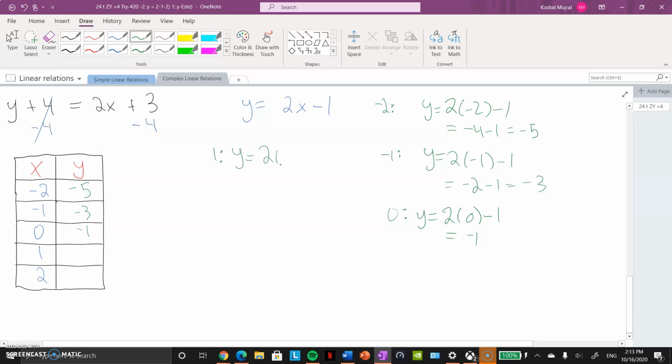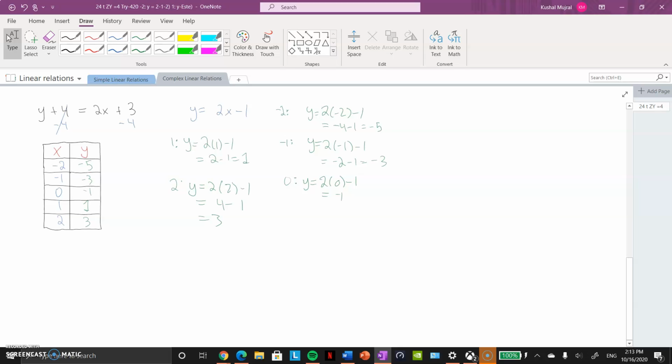Let's take a look at 1. y equals 2 times 1 minus 1, which is 2 minus 1, which is just 1. So we write 1 here. Let's take a look at 2. y equals 2 times 2 minus 1, which is 4 minus 1, which is 3. So that's just 3. Okay, and I'll be back with one more question.